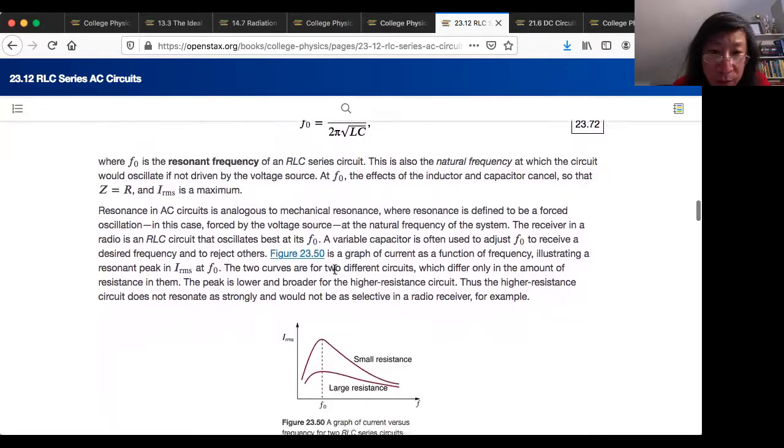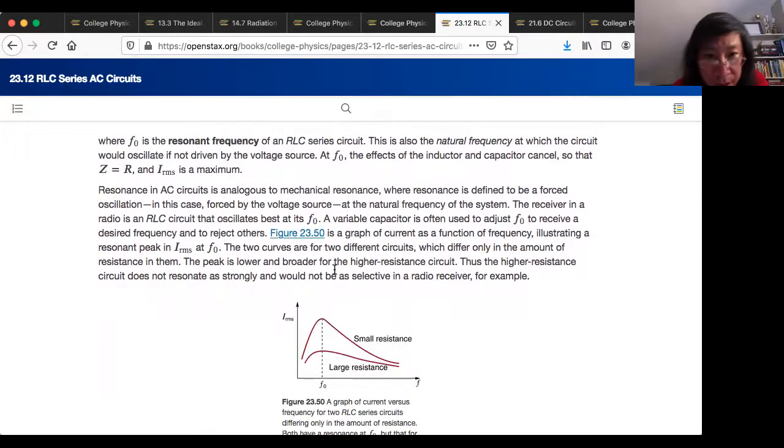Now, you may remember from Physics 1 the concept of mechanical resonance. It's always fun to talk about. There's not a lot of mathematics we can do about that, but later on, if you want to, go back to your Physics 116 and take a look at waves, like mechanical waves, and the idea of mechanical resonance.